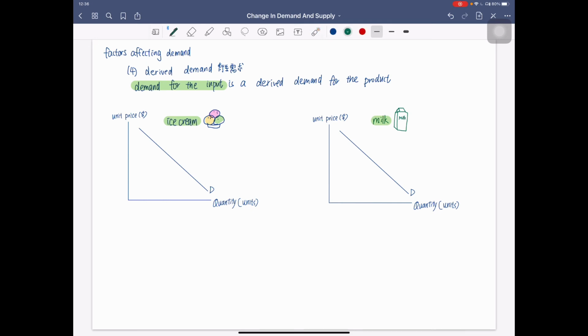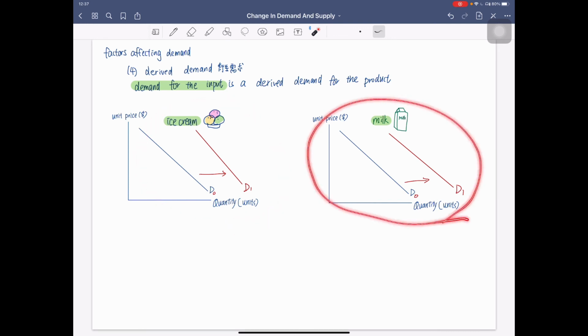When people increase their demand for ice cream, it will result in an increase in demand for milk as well, because essentially, milk is an input of ice cream. So when people are going to buy more ice cream, this causes demand for milk to increase as well. This is called derived demand.